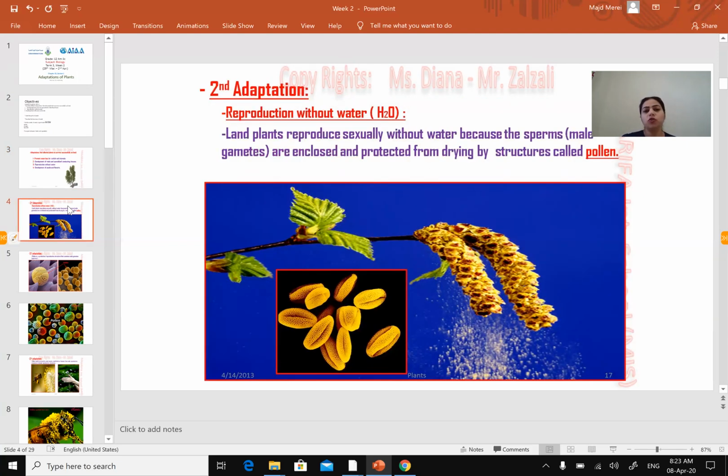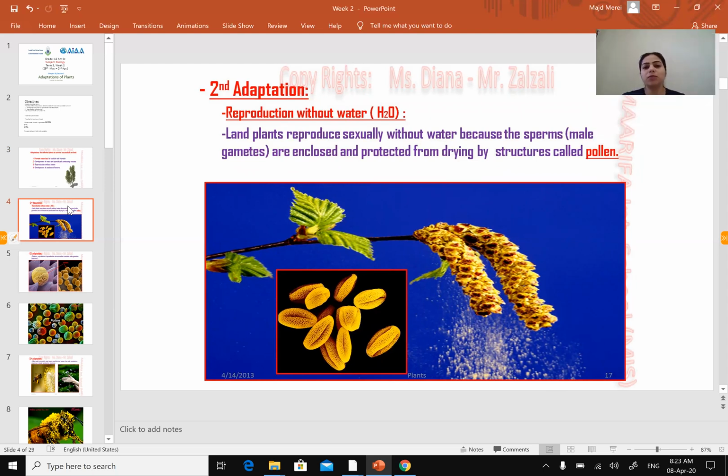For reproduction without water, you have to know that land plants reproduce sexually without water because the sperms, which contain the male gametes, are enclosed and protected from drying by structures called pollen. Aquatic algae also reproduce sexually, when sperms swim through water and fertilize the egg.